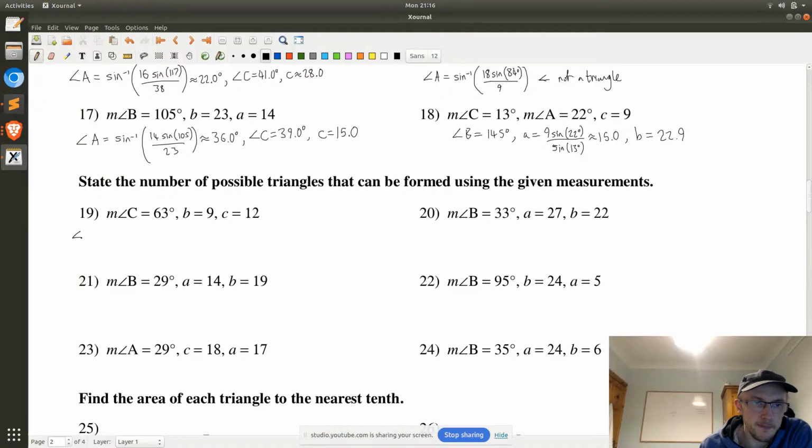For example, so find angle B. Okay, angle B is arc sine, right, 41.9 degrees. Is that so? Based on that, yes. Okay.